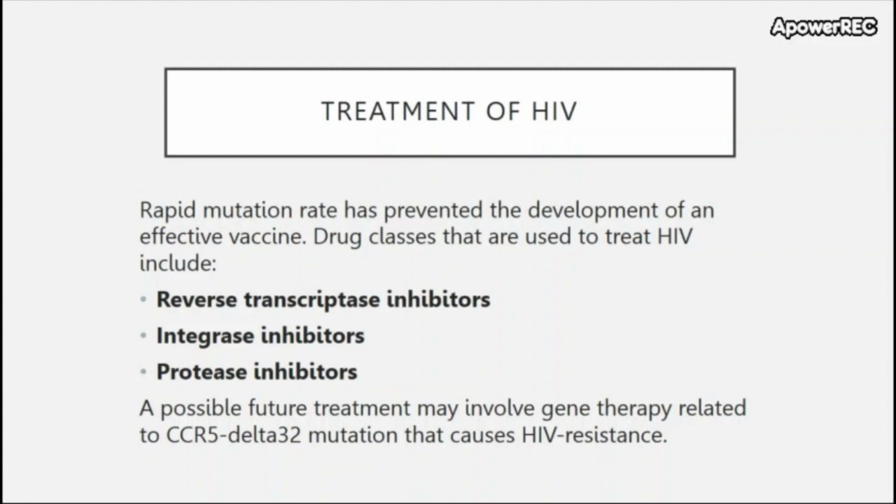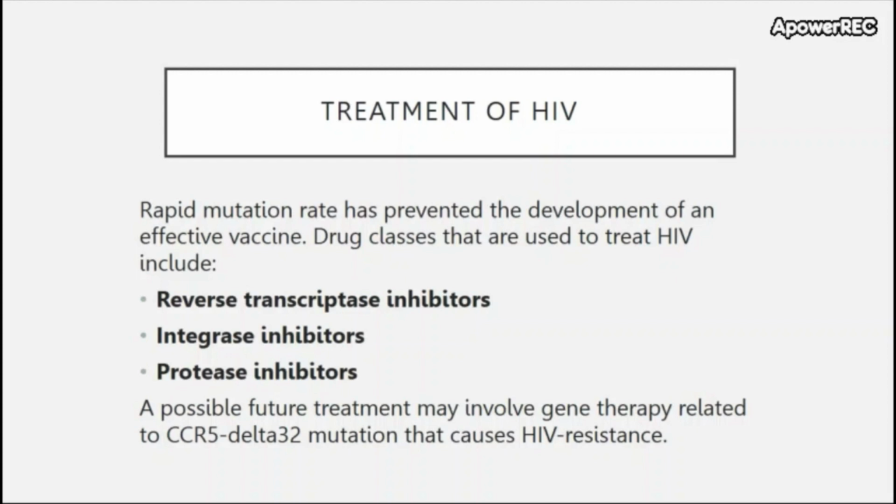And that prevents scientists from developing effective vaccines because the targets are always changing. There are different drug classes that are used to treat HIV, and they include reverse transcriptase inhibitors, integrase inhibitors, and protease inhibitors, targeting the different proteases that the virus uses.